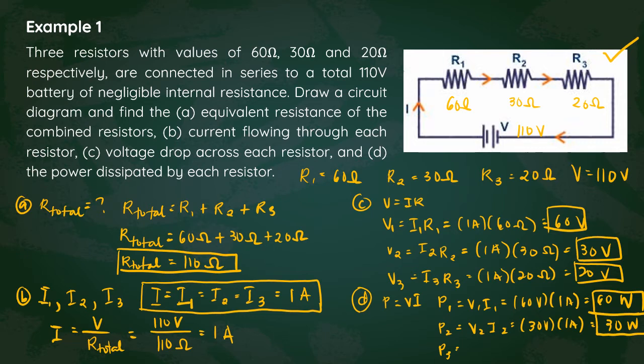And the power dissipated by the third resistor is V3 I3. Then you have 20 volts times 1 ampere, that's 20 watts. There. So we were able to answer the questions asked in this example.